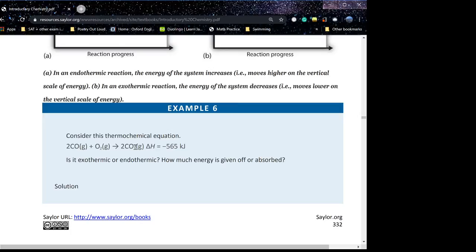Well, take a look at the delta H value, and that is where you'll see. We said that negative delta H values are exothermic because it releases energy. Energy is going out. And how much energy is given off or absorbed? Well, the energy is given off, and it's 565 kilojoules of energy that is given off.